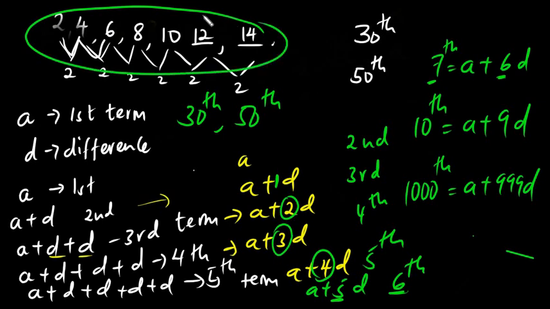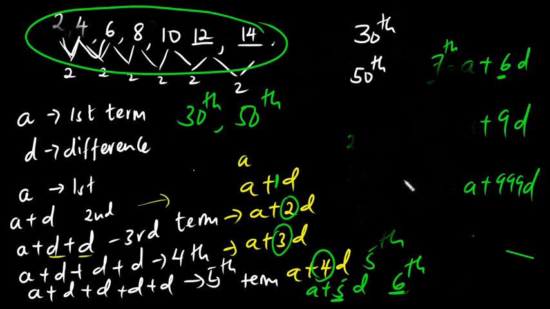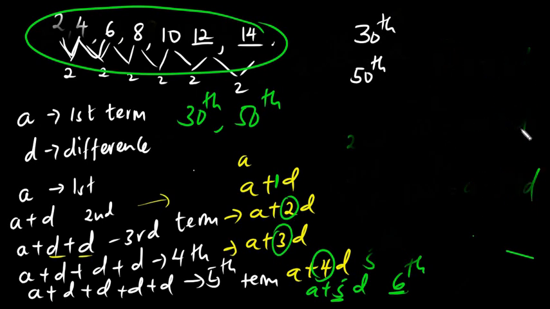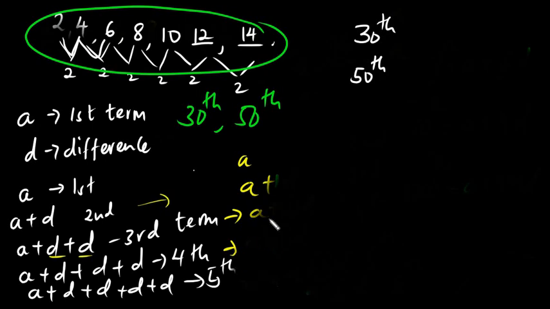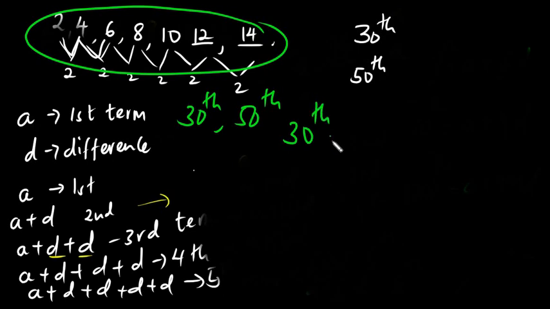You can pause the video and try to work it out and then confirm whether what you did is actually the correct thing. So the 30th term, this means that the value of N is 30.